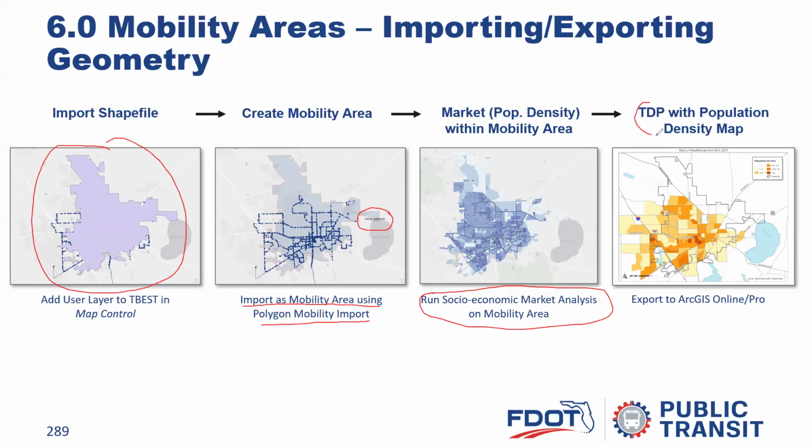And then within the TDP, we have a population density map for the city of Gainesville that we can easily export to ArcGIS Online or Pro, create the map that we want, or just use the T-BEST map as it is, and use that inside of our TDP. So it's a very simple workflow to support density mapping for any geography. In this case it was a city, but it could be anything.